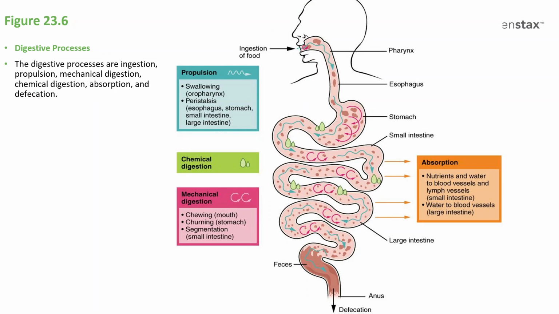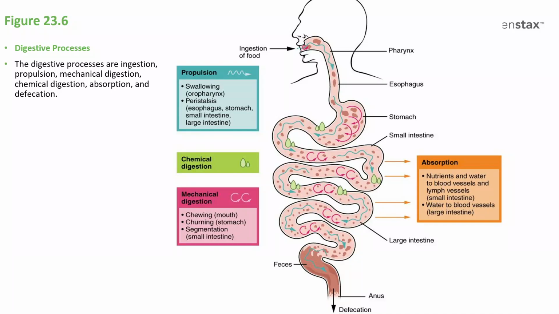Notably, the major functions of the digestive system are highlighted on this screen. The digestive system will ingest and digest food, absorb released nutrients, and excrete food components that are unable to be digested.